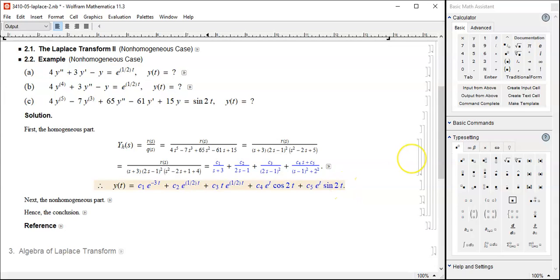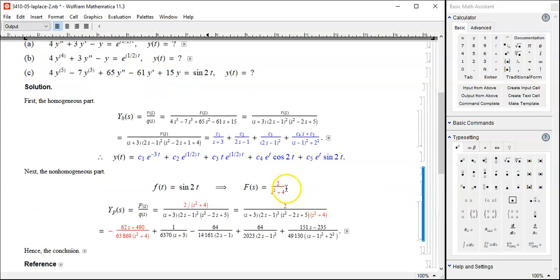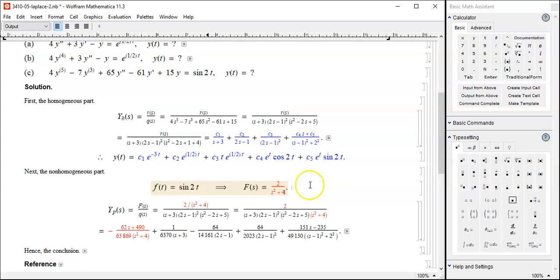In the end, this is a Laplace inversion. And this is the general solution of the homogeneous equation. Alright, let's find the non-homogeneous part, something to add to this. So we have capital F over Q, and for capital F, from sine of 2t, we get the Laplace transform of 2 over s squared plus 4.